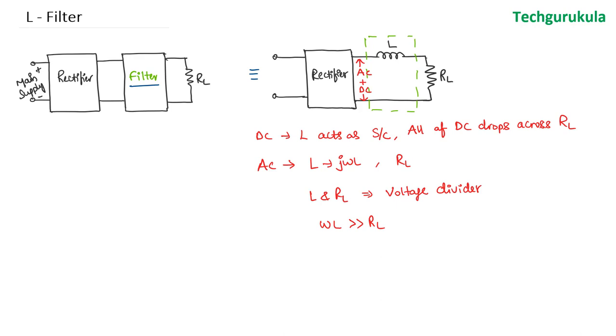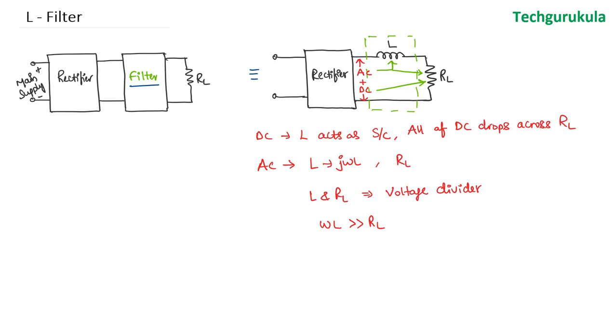So pictorially, let me represent that DC goes directly to the load resistor, but depending on the inductance value and load resistor value, AC would get dropped across the inductor and load resistor.